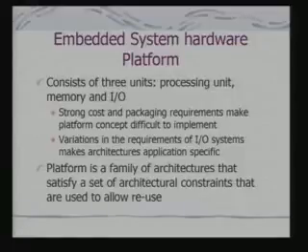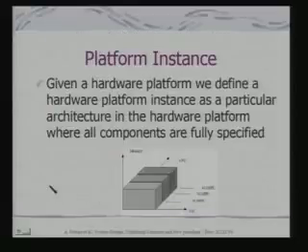Now application specifics will determine a set of constraints which that architecture should satisfy. So let's take an example. This is more of a conceptual example. Given a hardware platform, we define a hardware platform instance as a particular architecture in the hardware platform where all components are fully specified. So in a platform architecture, some of the components may not be specified.